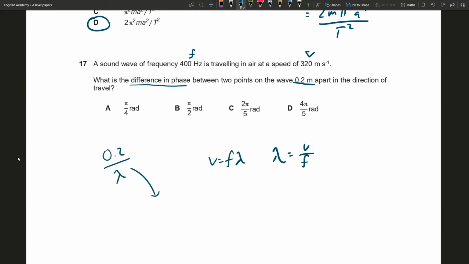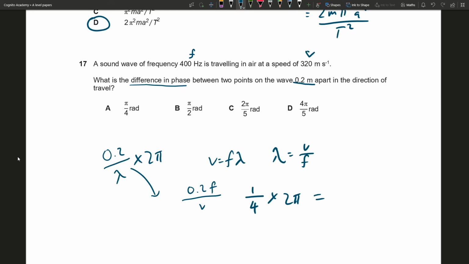Let's organize it first before we put it in. This is equal to 0.2 f over v. Putting that in our calculator, 0.2 times our frequency, which is 400, divided by our speed, which is 320, gives us 1 over 4. But our phase difference is times 2 pi.